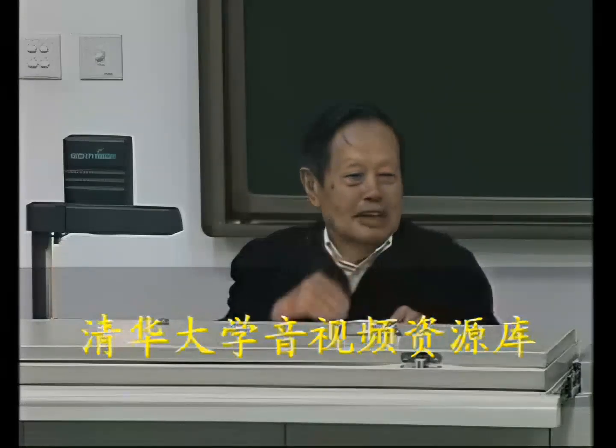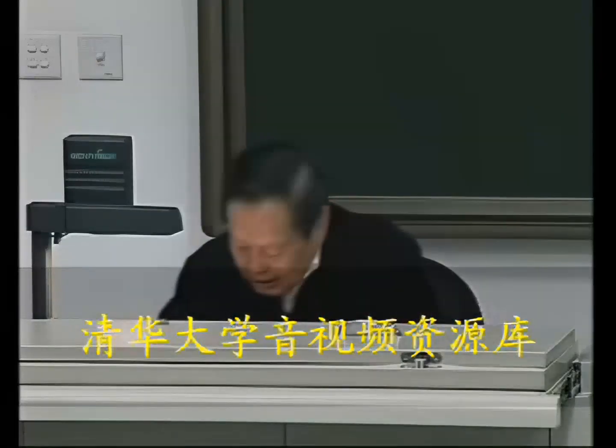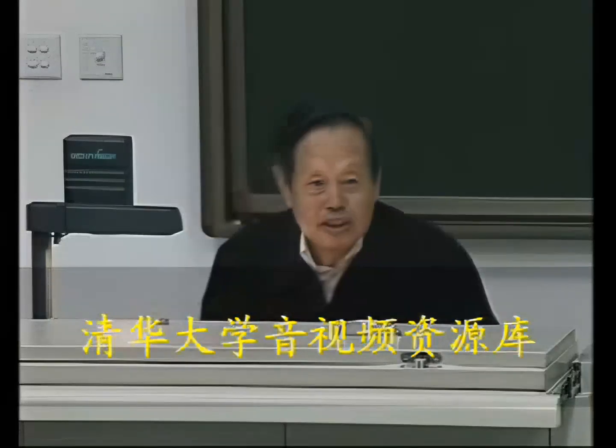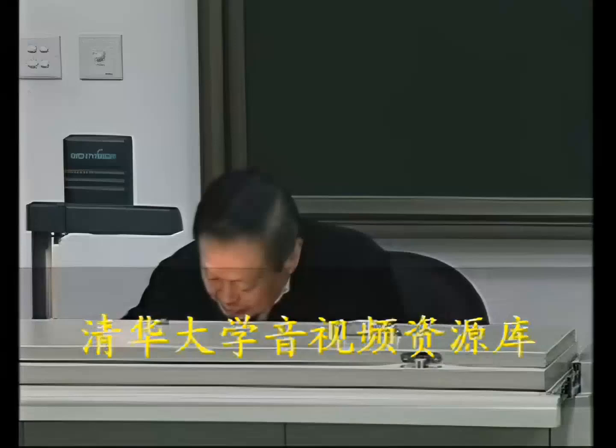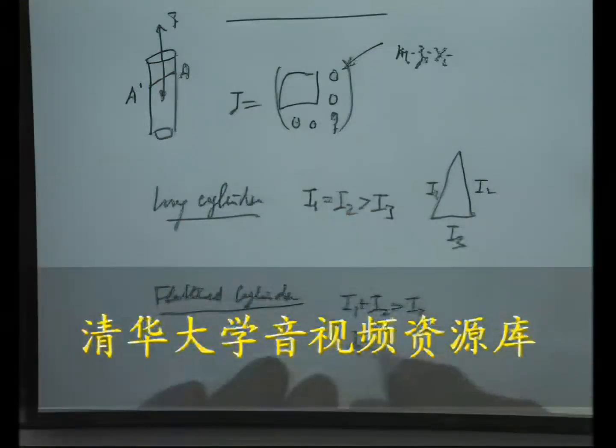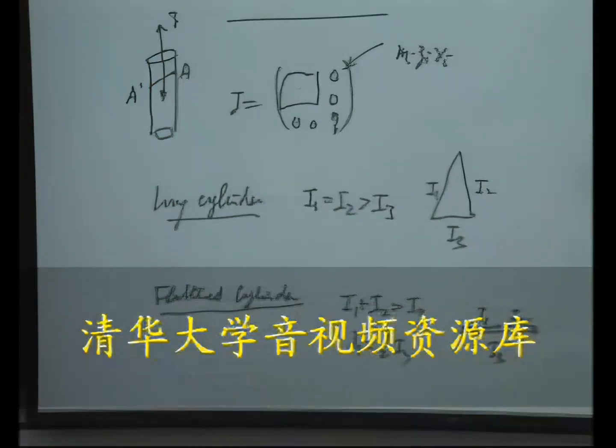So I1 plus I2 is equal to I3. And I1 is equal to I2, so they are equal to half of I3. So if I draw this, it becomes like this. This is I3, this is I1, this is I2. So for a long cylinder, it's a triangle like this.